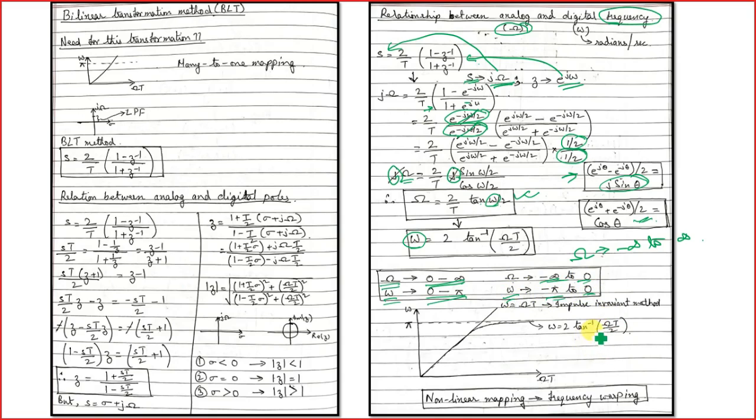Now from here, if we try to map the analog frequency and the digital frequency and look into the relationship, in the digital frequency we see omega equals 2 tan inverse of omega T by 2. In the y-axis we have the digital frequency, and this is the pi, which is the maximum frequency. We are not taking the negative frequency component in the analysis. If you take it, it will be in the third quadrant, having a similar profile.